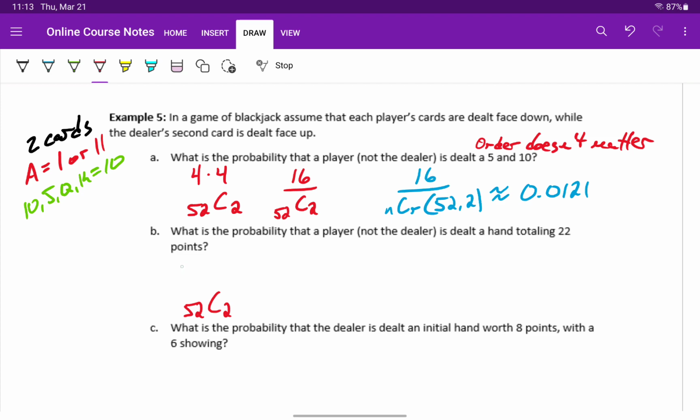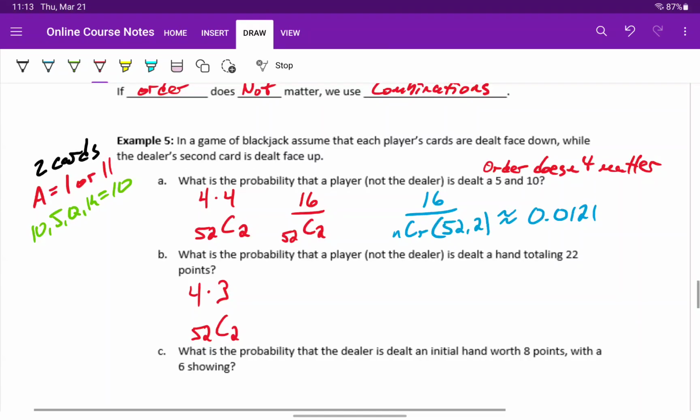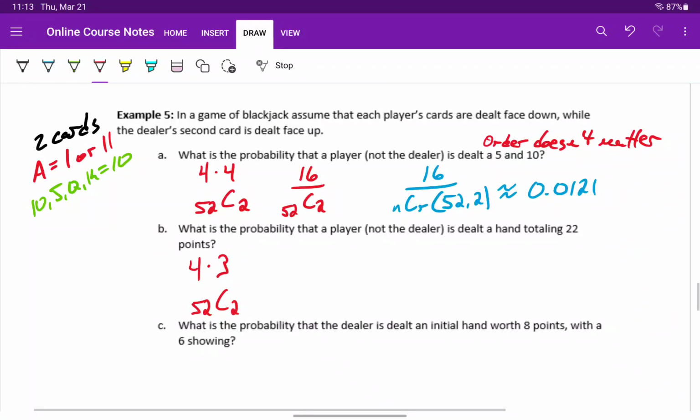So to start off with, there are 4 aces in the deck, but after that one's dealt, on the second deal, there would only be 3 possibilities left. So we're going to end up calculating 12 over NCR 52, 2.